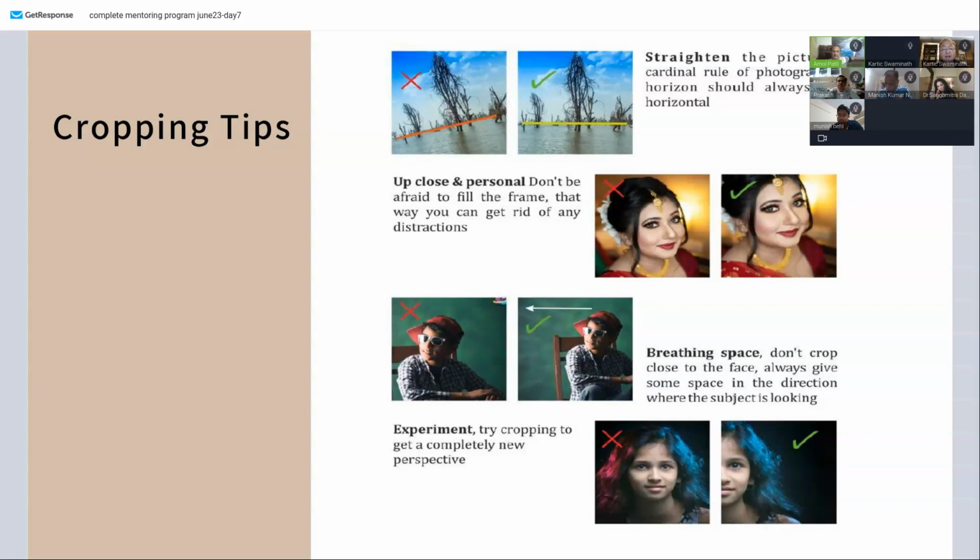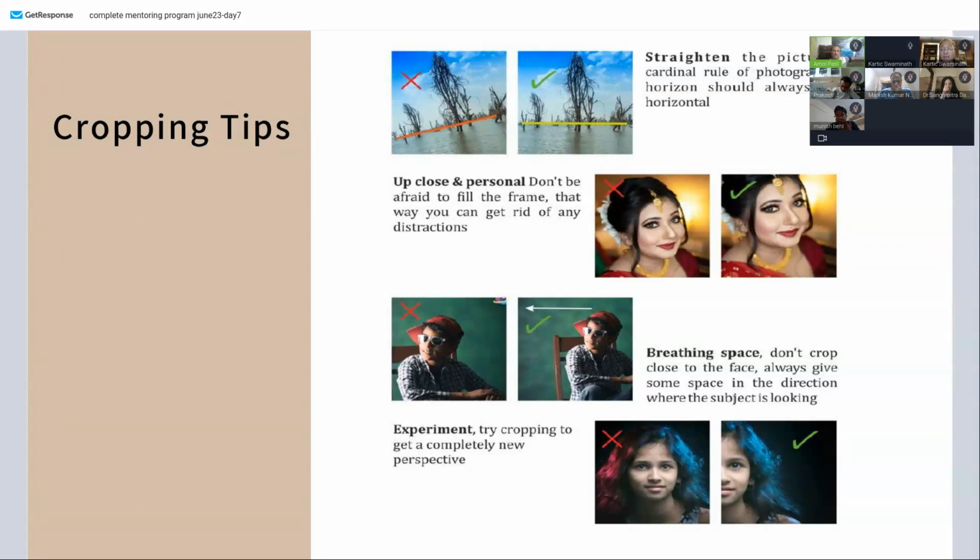So that's a unique style of cropping, you can say. Hiding some part, showing some part, building up the mystery in that particular picture. That kind of cropping is also welcome.